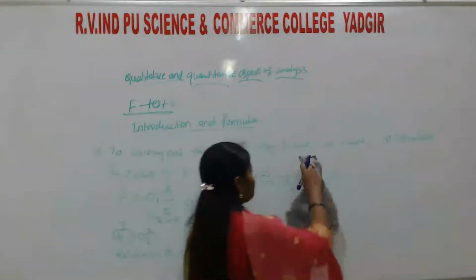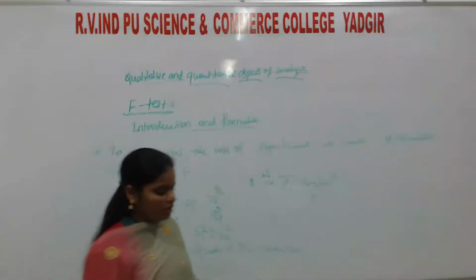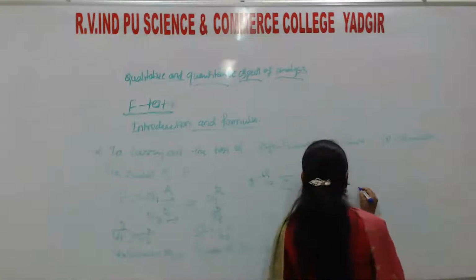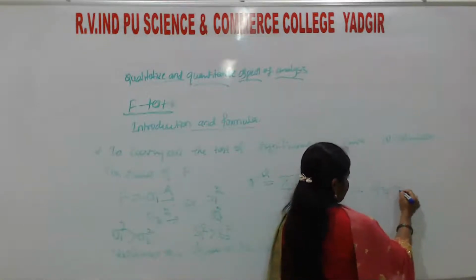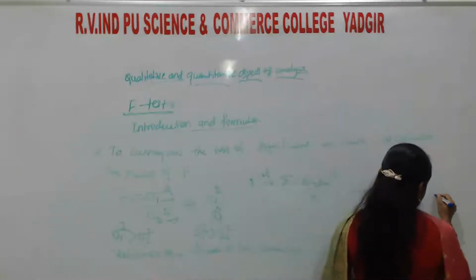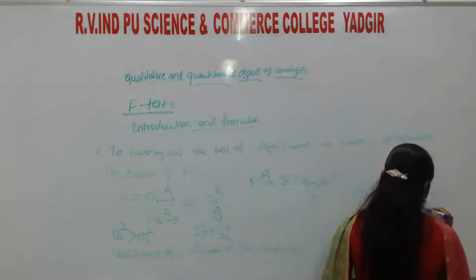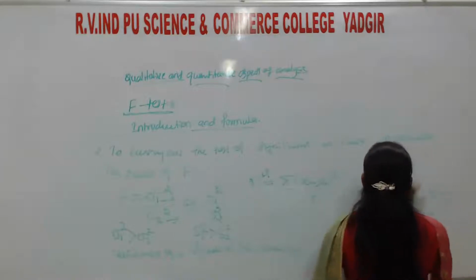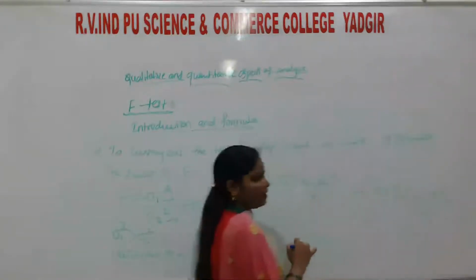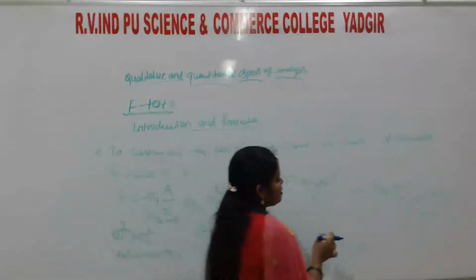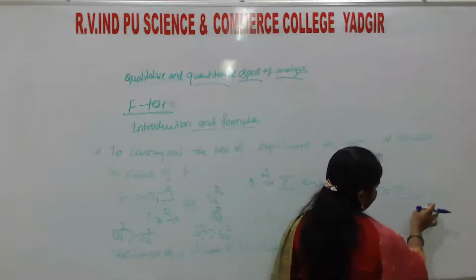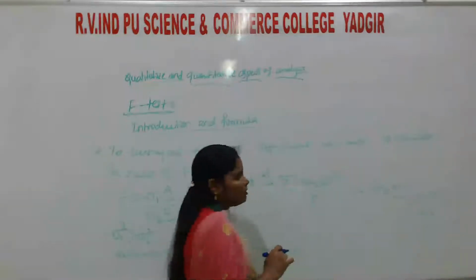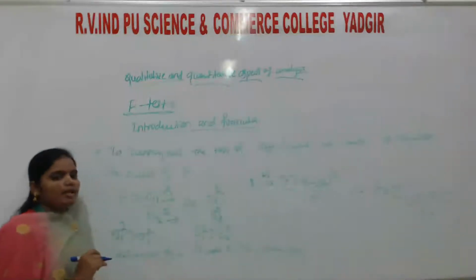In a sample, this changes to x and x bar. Therefore, s square is equal to summation of x minus x bar whole square divided by n minus 1. This is the formula for standard deviation and variance in a sample.